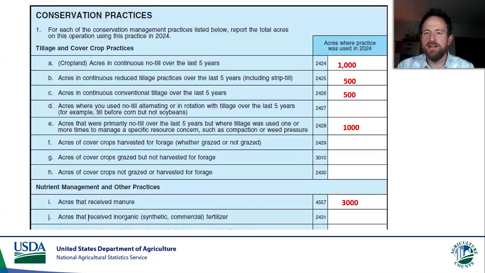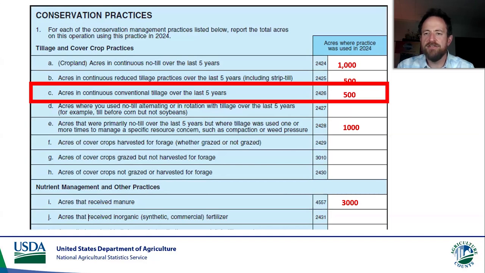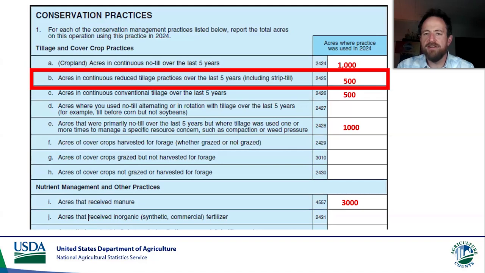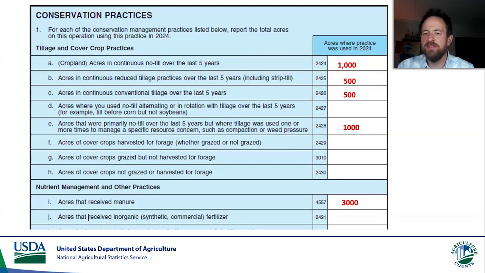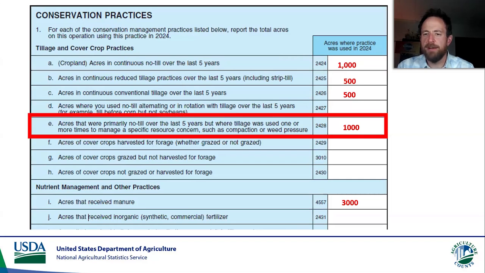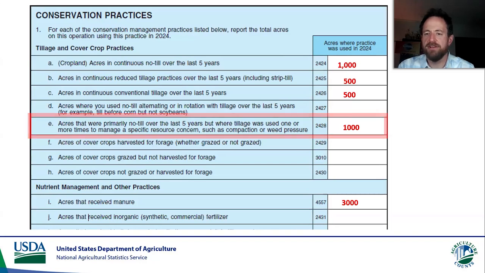Kurtz and Ann run an operation that comprises 3,000 acres of cropland. However, tillage practices and nutrient management would vary depending upon the crop that they grew on the 3,000 acres. 500 acres of lettuce used continuous tillage the past 5 years. 500 acres of tomatoes used strip till practices. 1,000 acres of peaches were in continuous no-till the past 5 years. 500 acres of fresh strawberries and 500 acres of nectarines were all primarily no-till the past 5 years.